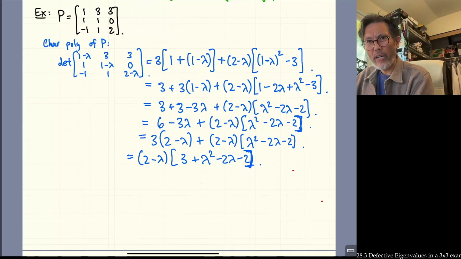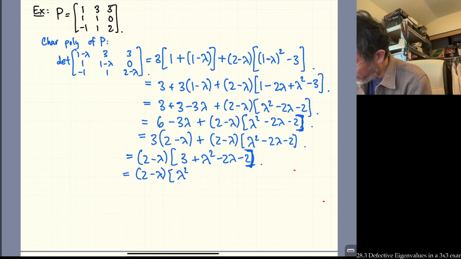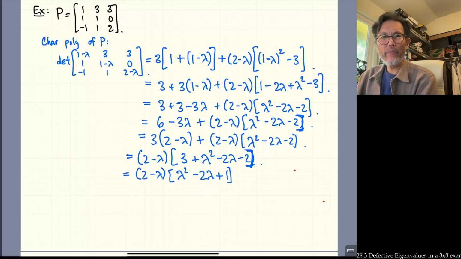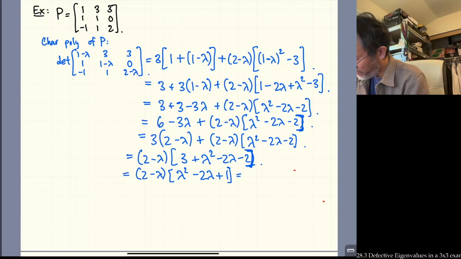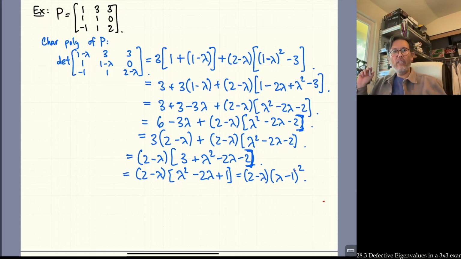3 minus 2 is 1, so this looks like (2 minus lambda) times (lambda squared minus 2 lambda plus 1). And I believe that's a perfect square. Do you agree?